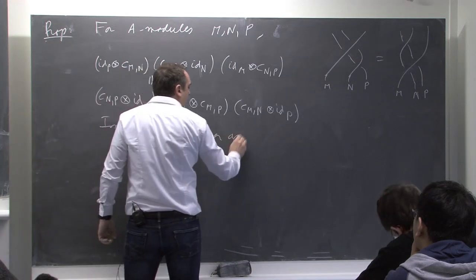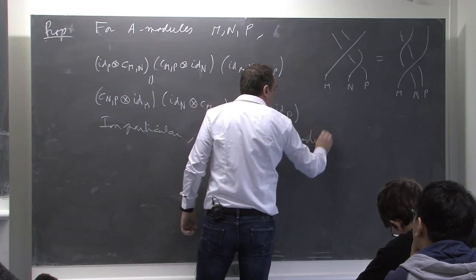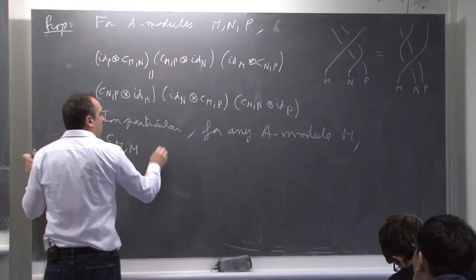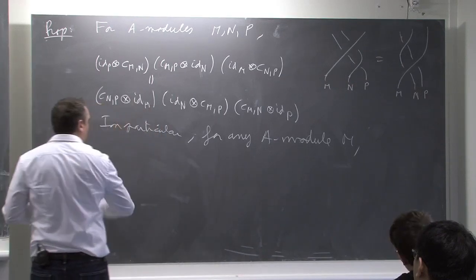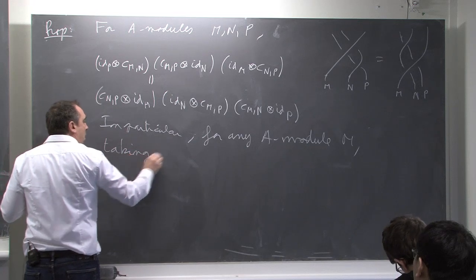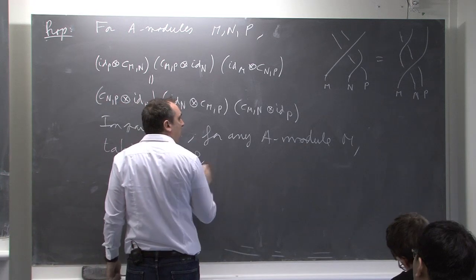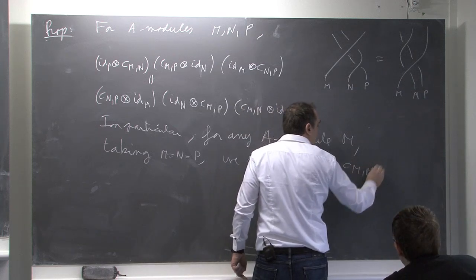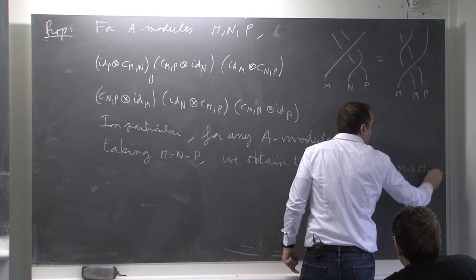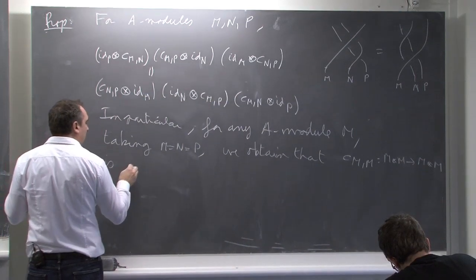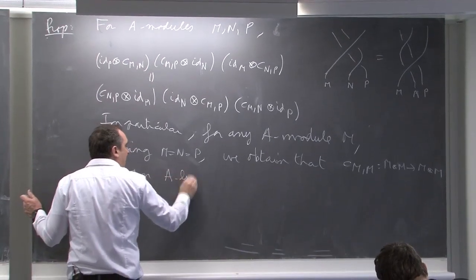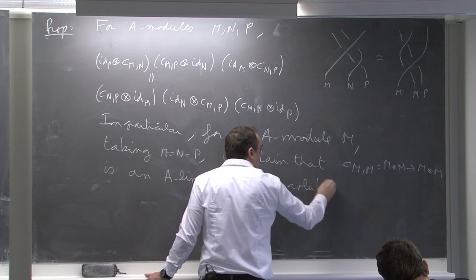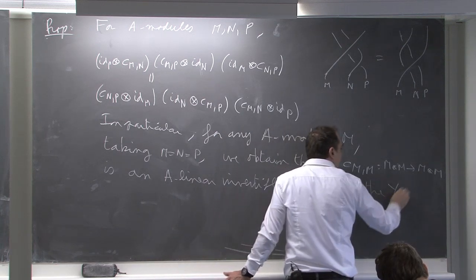So in particular, for any A module M, if we take M equal N equal P, we obtain that C_{M,M} is an A-linear solution, and it is invertible, it is an isomorphism, solution of the Yang-Baxter equation.